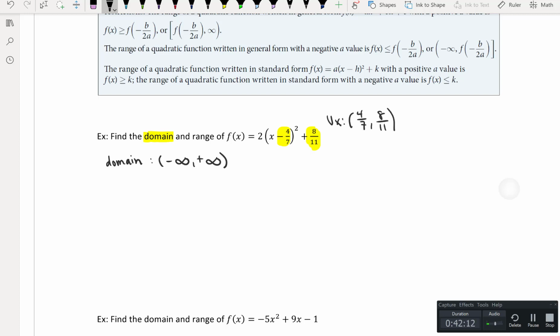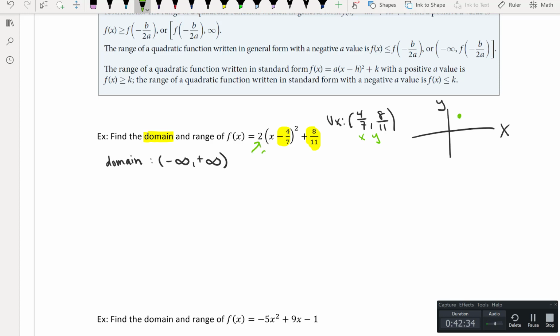Now I'm just going to draw a general graph. It's not going to be perfect or pretty, but it gives me a ballpark of what this looks like. If I have the vertex (4/7, 8/11), then the x and y are both positive, so I'm in the first quadrant.